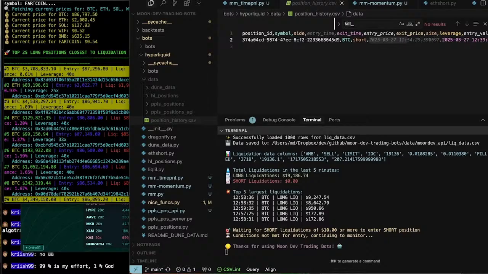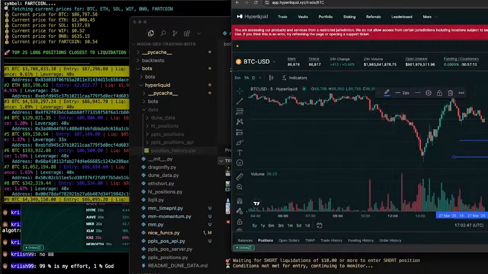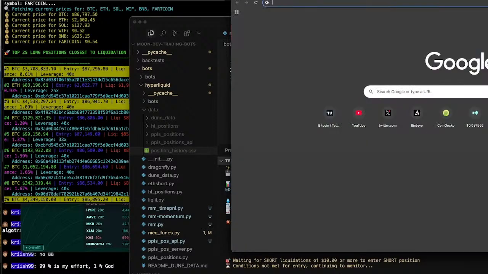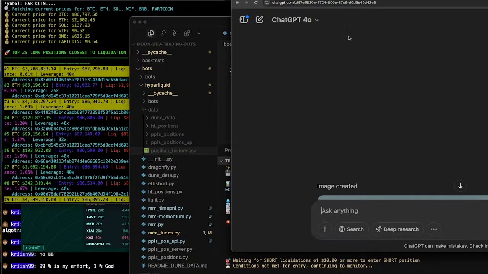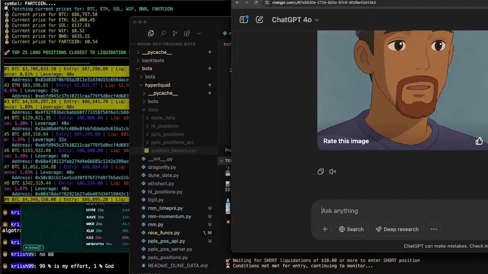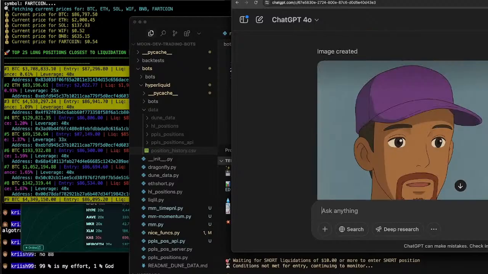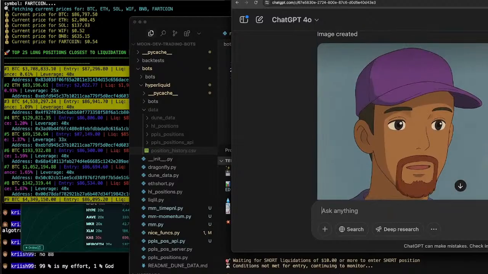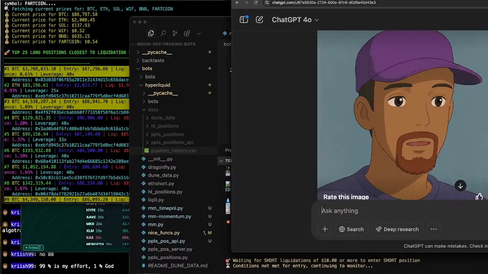Oh, I wanted to look into this. How to print. Oh, look at that. That's me, dude. That's pretty good.